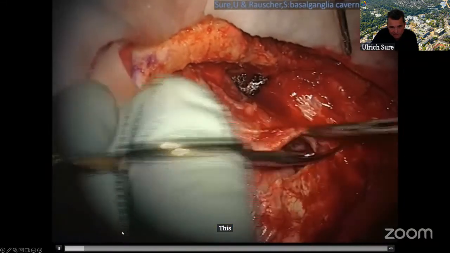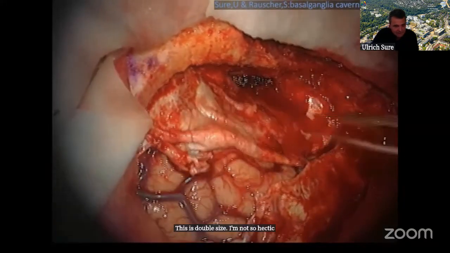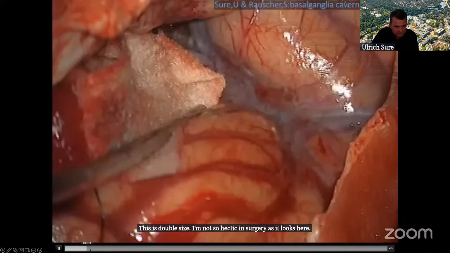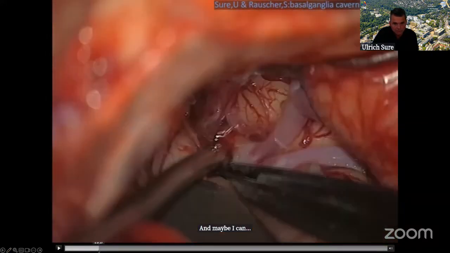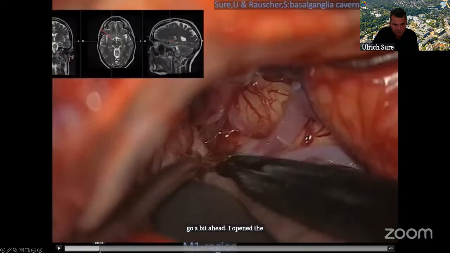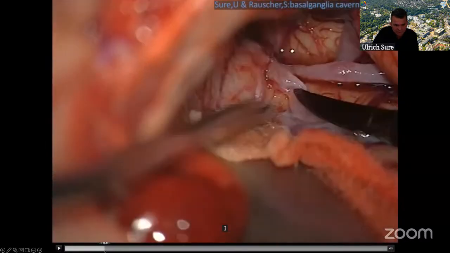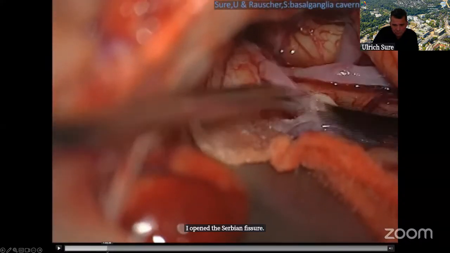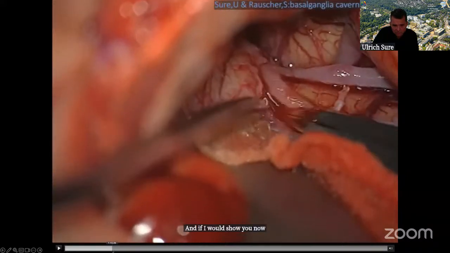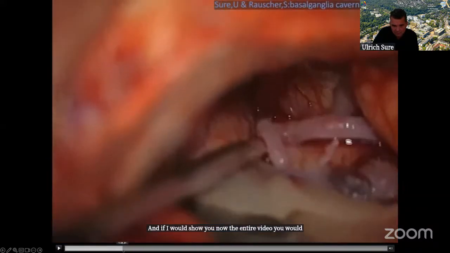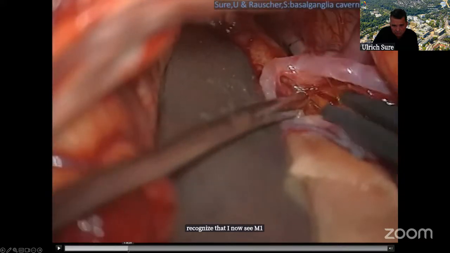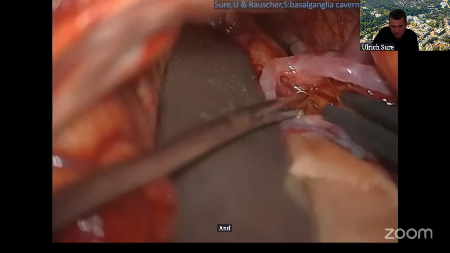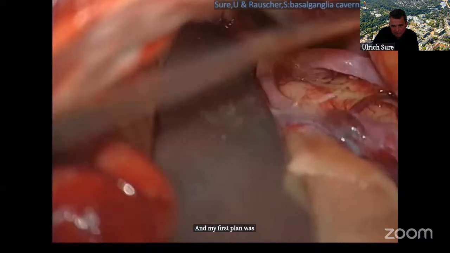I'm not so hectic in surgery as it looks here. And maybe I can go a bit ahead. I open the Sylvian fissure. And if I would show you now the entire video, you would recognize that I now see M1, M2, M3. And my first plan was to enter above the M1.